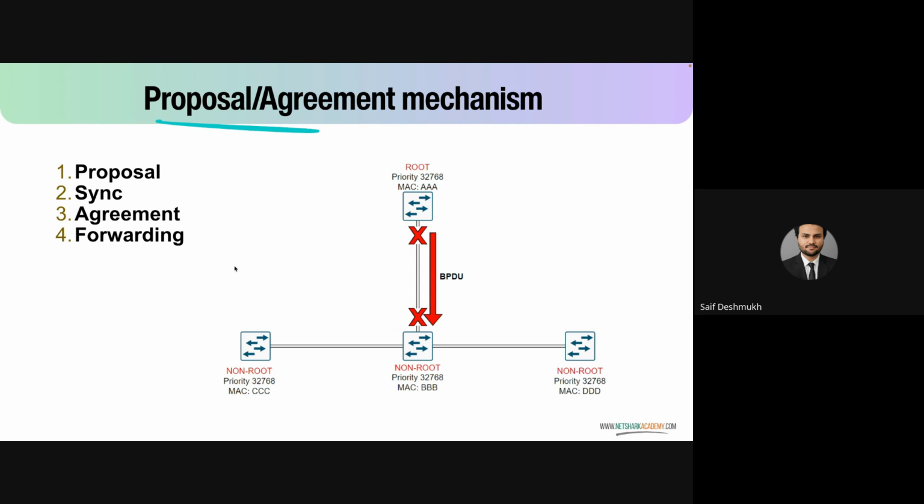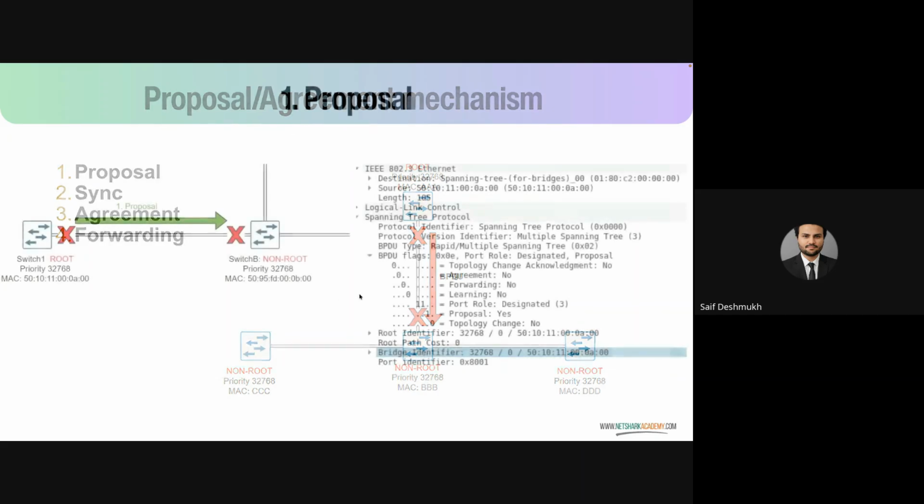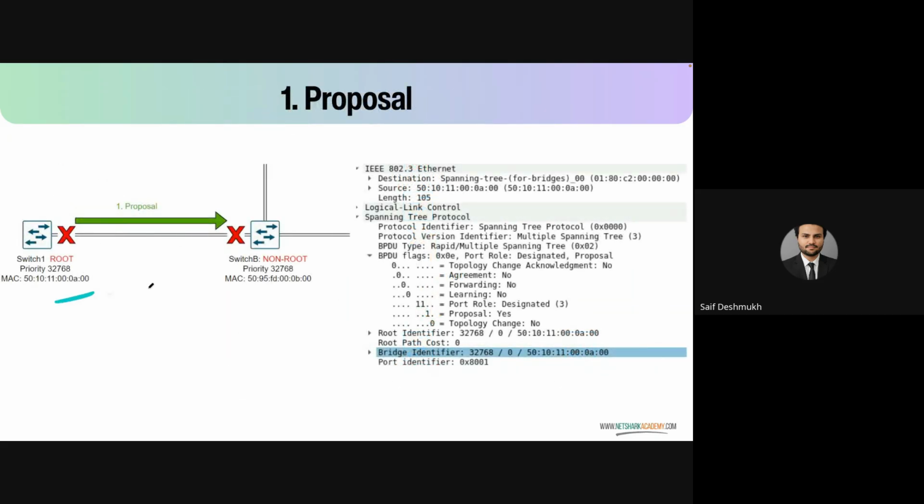In rapid spanning tree, we'll consider only two switches, switch 1 and switch 2. Immediately, both of these switches send each other their version of BPDU. Now, switch B immediately realizes one thing: my BPDU is not good, and switch 1 is better. So it stops sending it.